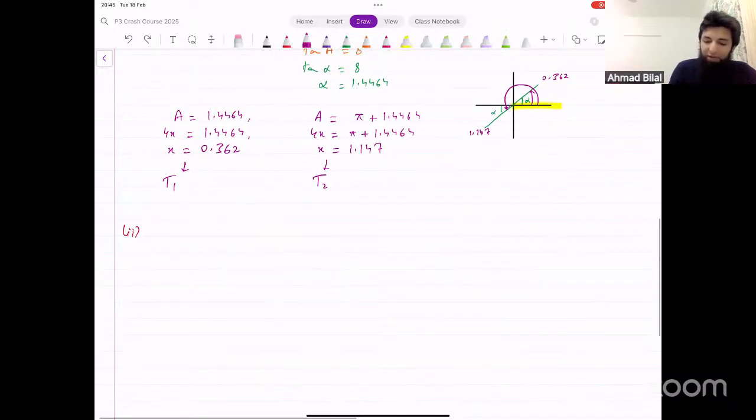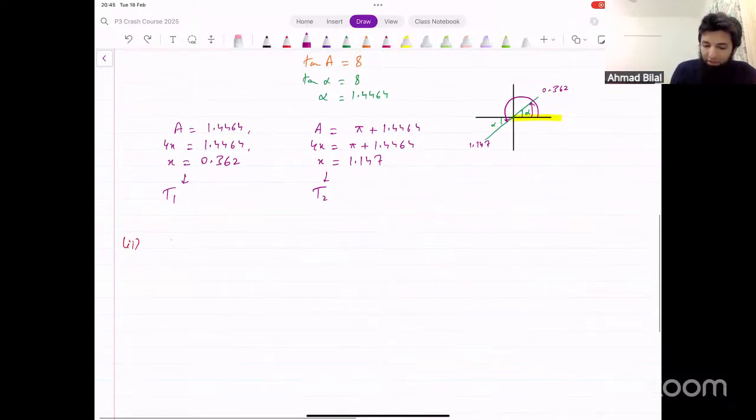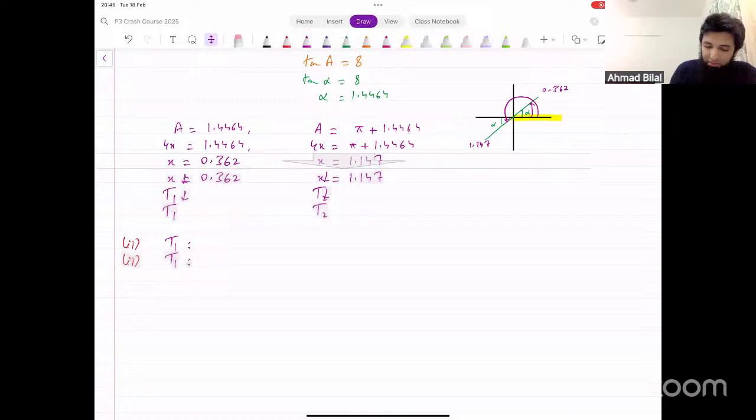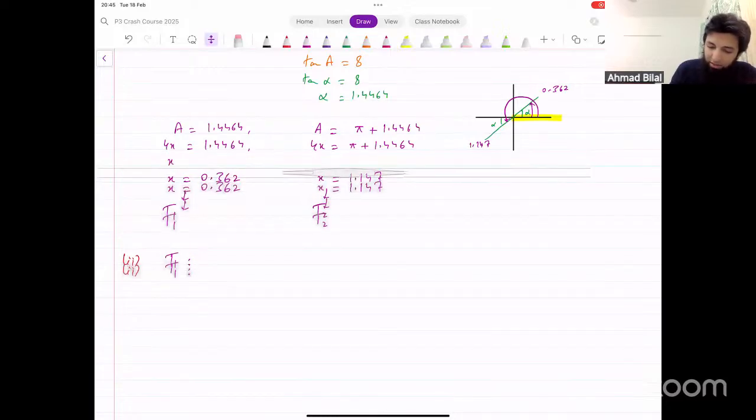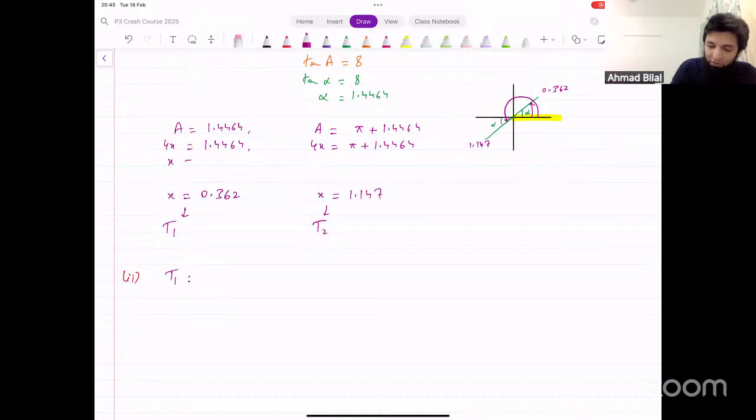Now, what would the pattern look like? We found T1 earlier. What was T1? If you look at the pattern, it looks something like this. If I were to show another step here, x was equal to 1.4464 divided by 4.